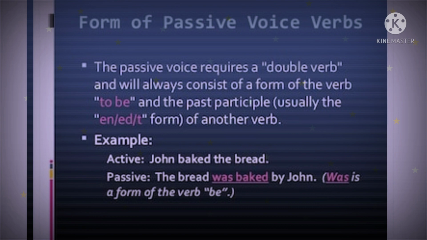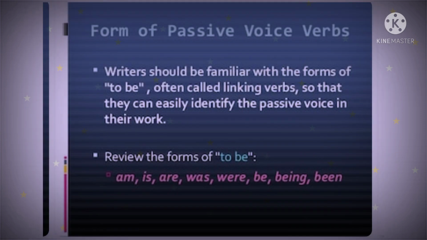Normally was is used with a continuous tense, but here you see the structure is was plus V3. If it were continuous tense, it must be was plus the ing form. Here there is no ing form, but verb 3 is used. So when you see the structure, you can understand whether it is passive or active voice.